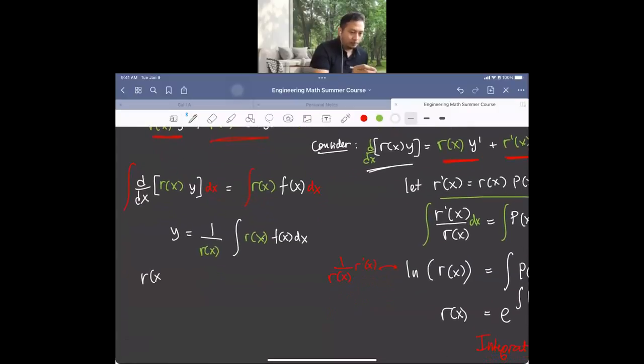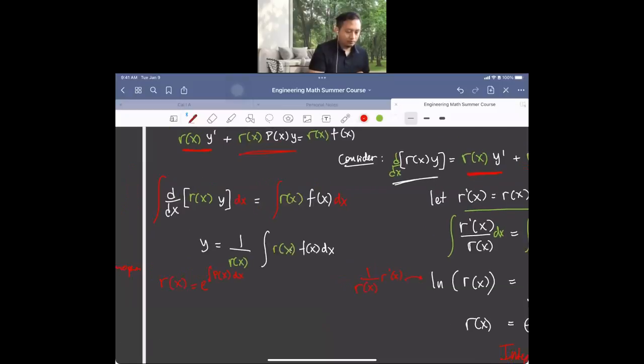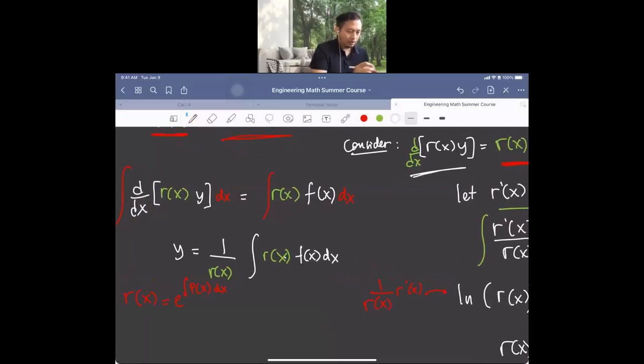Where R(x), or maybe the red one, R(x) is e with power of integration p(x) dx. Okay, so we can make out our solutions, that is using some kind of, we call this integrating factor.